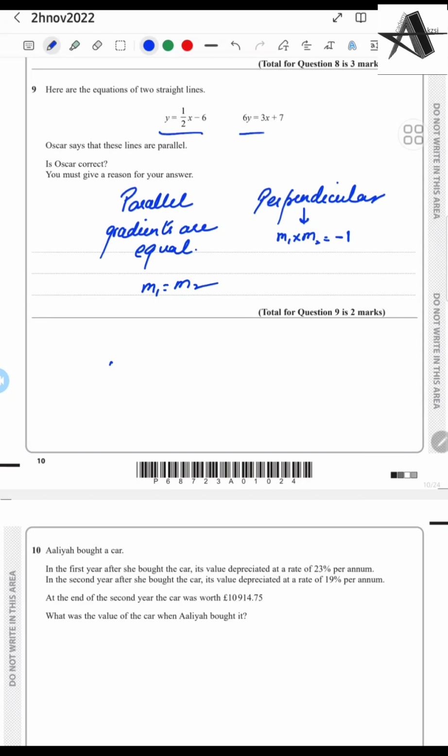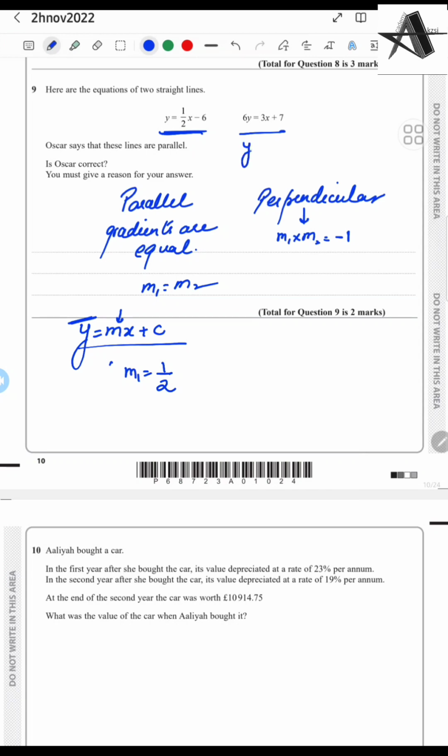Now let me check what the gradients of each are. How can we check? It should be in the format y equals mx plus c, and the coefficient of x will give you the gradient. For the first line, half is the gradient of this line. For the second, divide both sides by 6, because we want the coefficient of y to be just 1.